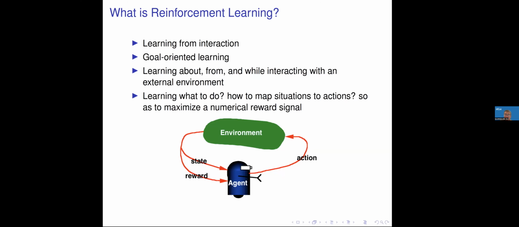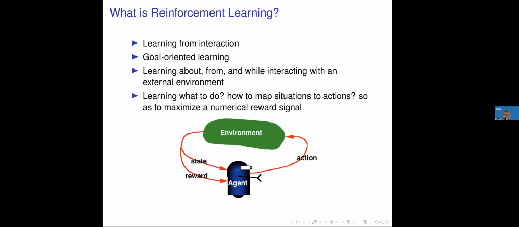It is goal-oriented learning because there is a so-called goal state or terminal state. Once the learning agent enters the goal state, it will stop the learning. Because the environment is unknown, the agent needs to interact with the environment to gather more and more information to guide the learning process.